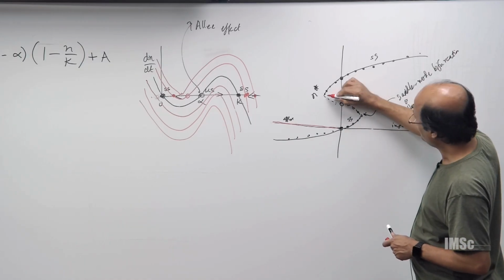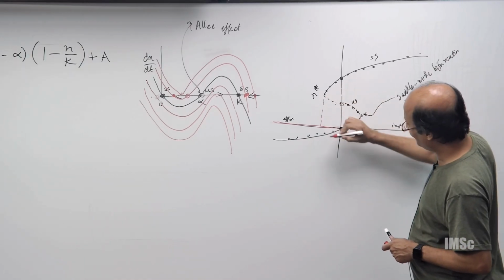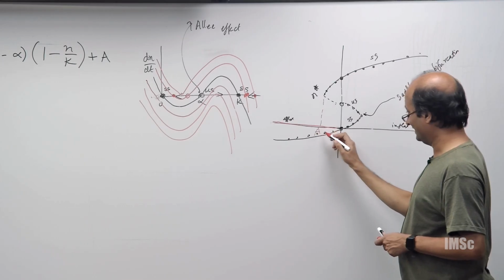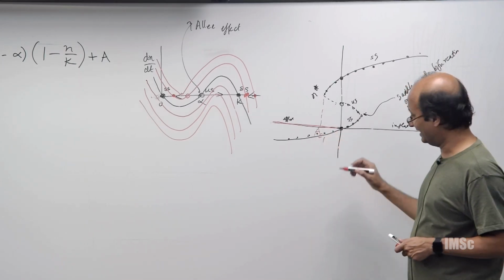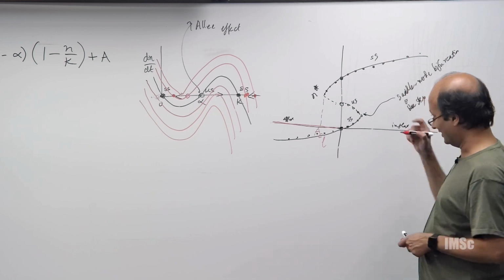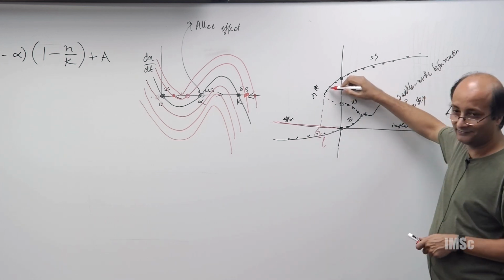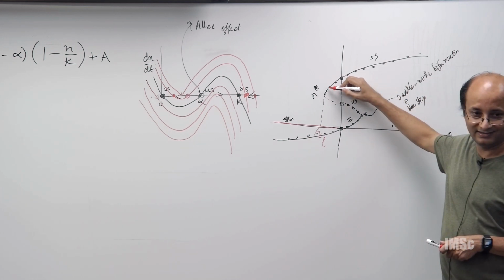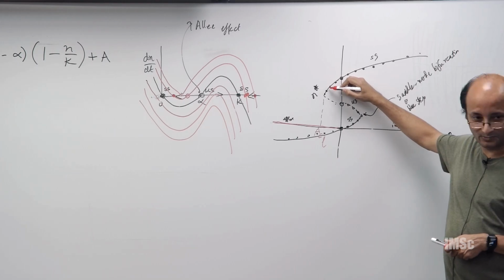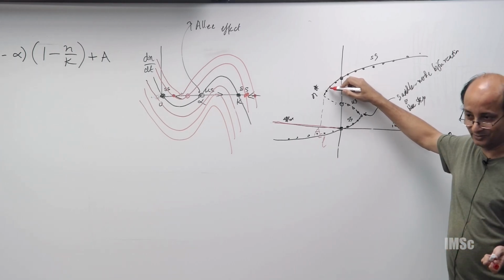But for a particular value of negative A, let us call it AC1 or ACL to stand for lower critical value, I can have a stable finite population, which is an equilibrium.